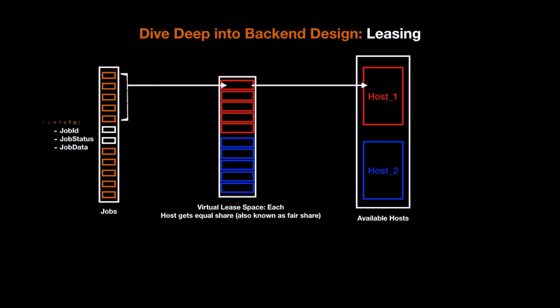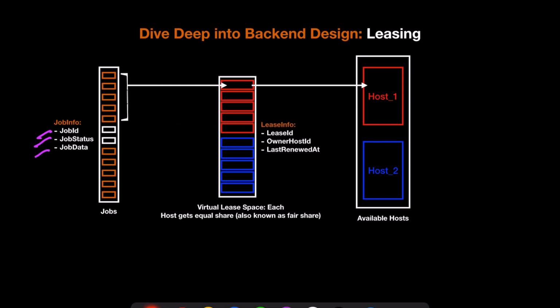What do we have actually inside the job info? For each job, we have a job ID, a job status, and some job data, right? And what do we have for the lease info? For this lease, we have a lease ID, and we also store the owner host ID.